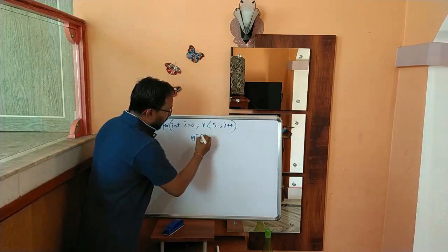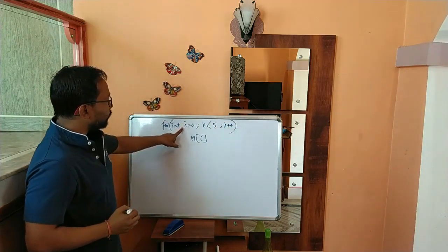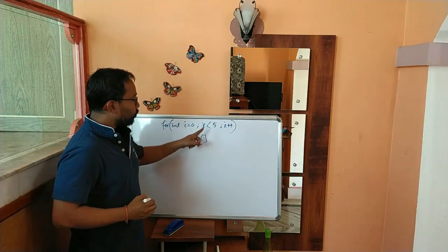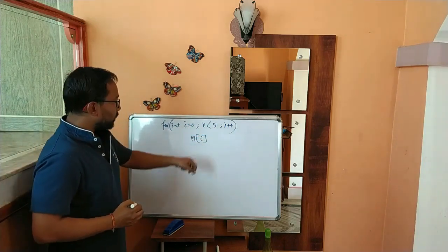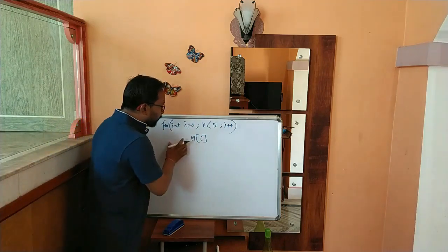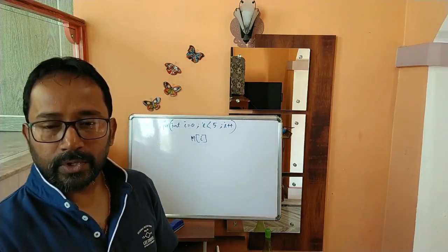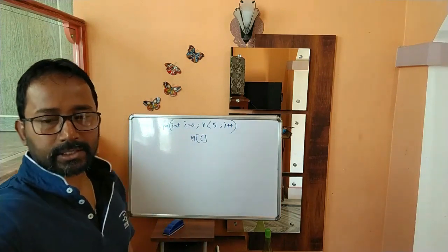Now if I use i here, for each execution of this loop I will get a different value, starting from 0, then 1, 2, 3, 4. So it will give all of them. Now if I write this statement in print, it will print all array elements sequentially from first till last.